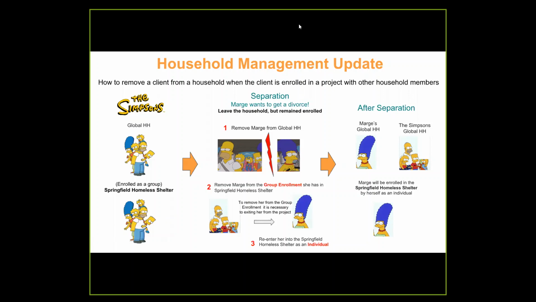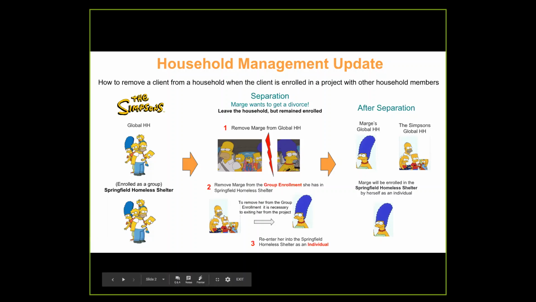I know this sounds a little bit confusing, but it will make more sense when we go to HMIS. After we remove her, the third and last step is to re-enter her into the same project, the Springfield Homeless Shelter project, as an individual. That is the only way in which we can remove her enrollment from the group enrollment that she shares with all the Simpsons.